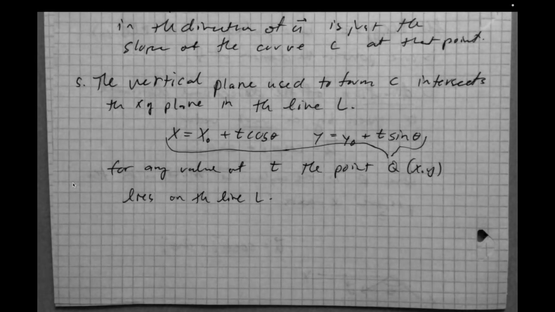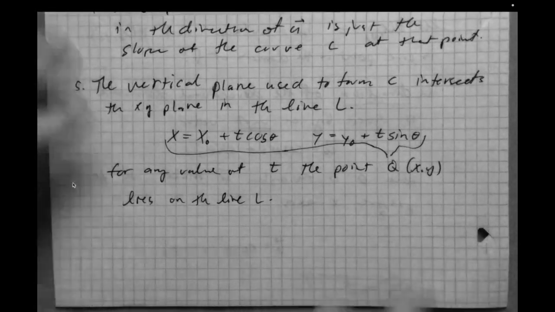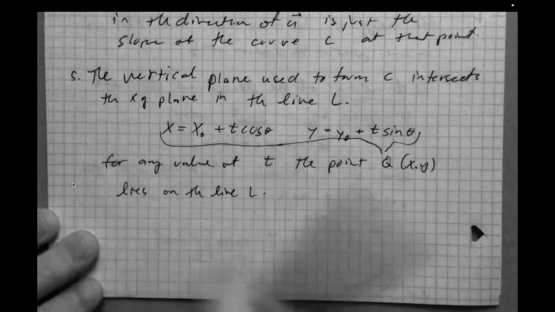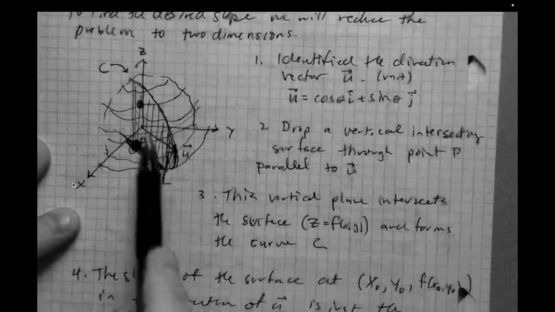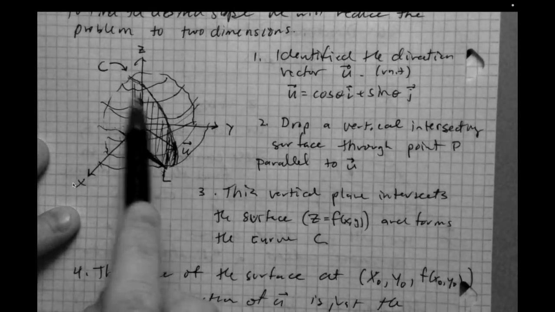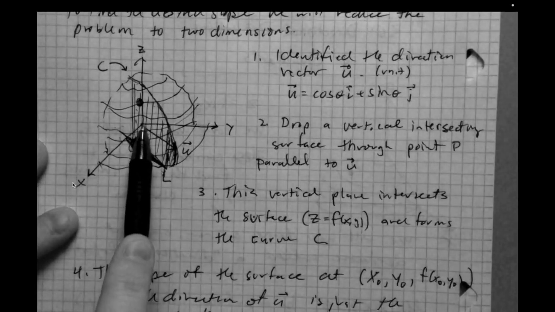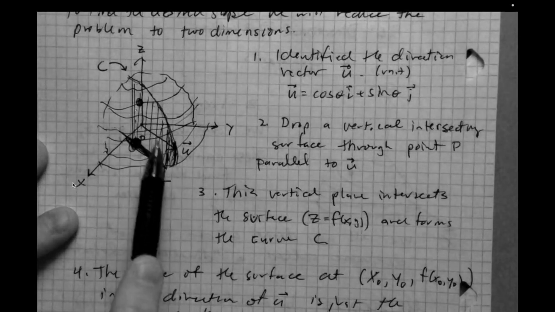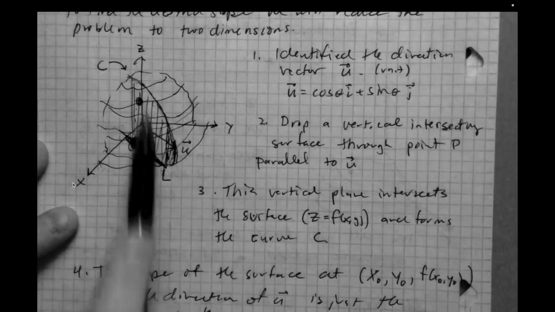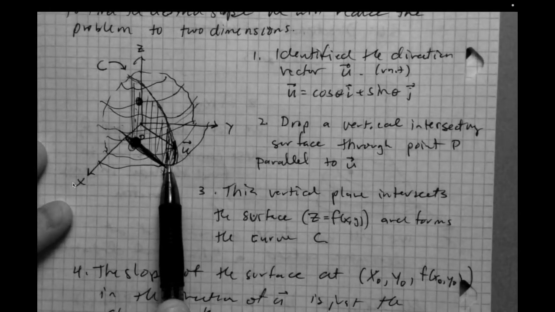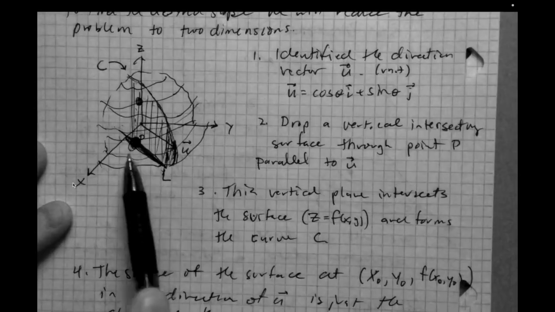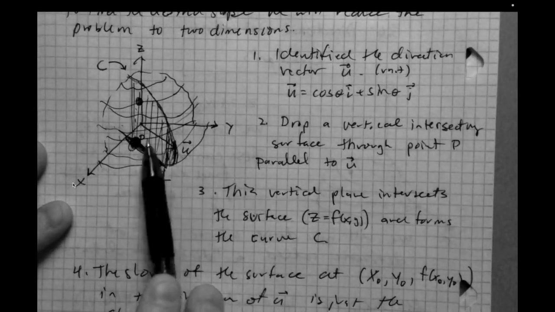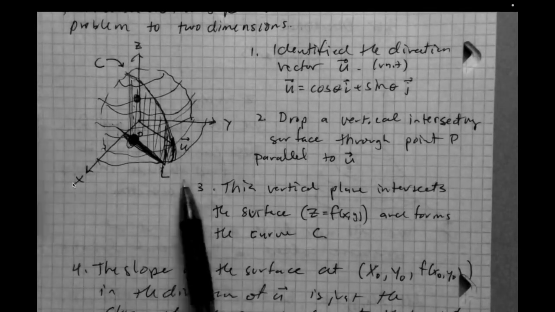And then let me switch pages here. Just to recap, we've got this point P of interest on the surface, and we're interested in the slope at that point in a particular direction, which we denoted with U. We drop a vertical onto the xy plane, intersecting P and parallel to U, and that creates this curve in space, which we've denoted C, right?